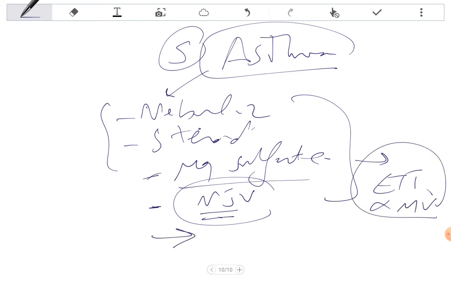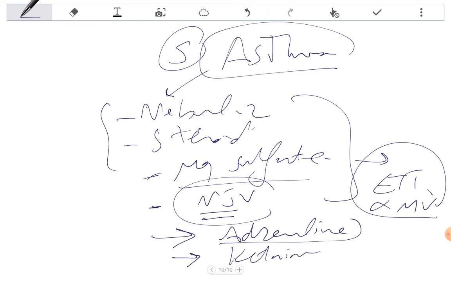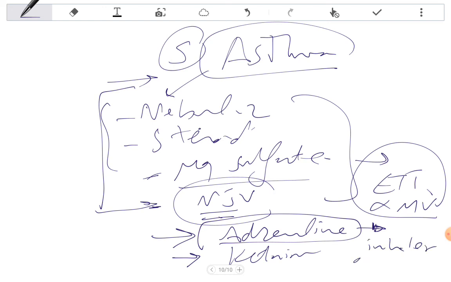We can also use adrenaline in these patients, and even ketamine, as you know. Usually you use adrenaline in this patient after we have already exhausted all other measures and there is no response; we can try adrenaline either inhaled or IM. And usually we give the same dose as in anaphylaxis.